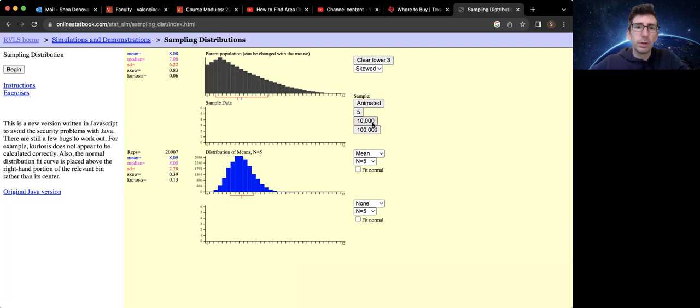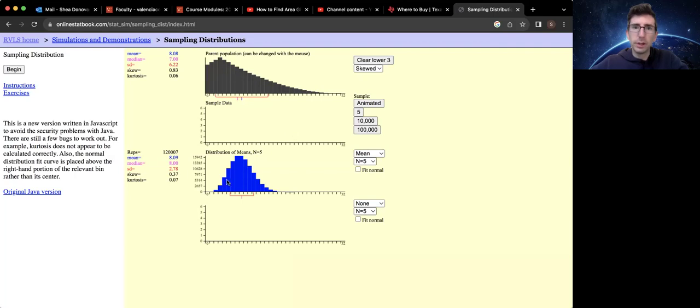So if we do this another 10,000 times, you can see it's 8.09, and it stays very consistent even if we do it 100,000 more times. So again, this is the idea with the central limit theorem. You can start from any kind of distribution. It doesn't have to be normal.